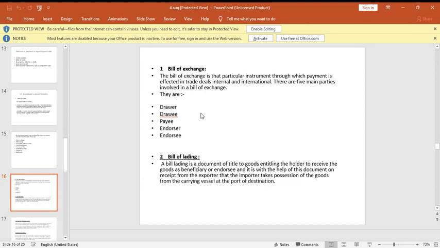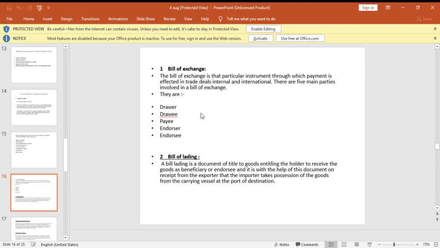That is bill of exchange. Bill of exchange is that particular instrument through which payment is collected or effected in trade deals, internal and international. There are five main parties involved in bill of exchange.